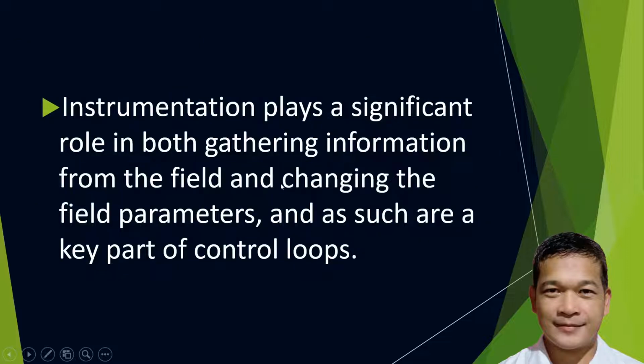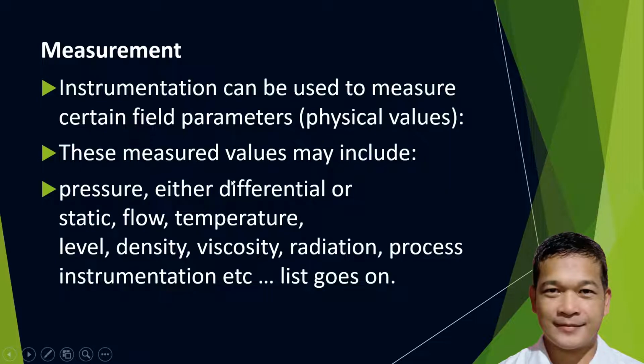Okay, next, instrumentation plays a significant role in both gathering information from the field and changing the field parameters, and as such is a key part of control loops. We're going to discuss what control loops are. First, measurement. Instrumentation can be used to measure certain field parameters, the physical values, usually the pressure, either differential or static.